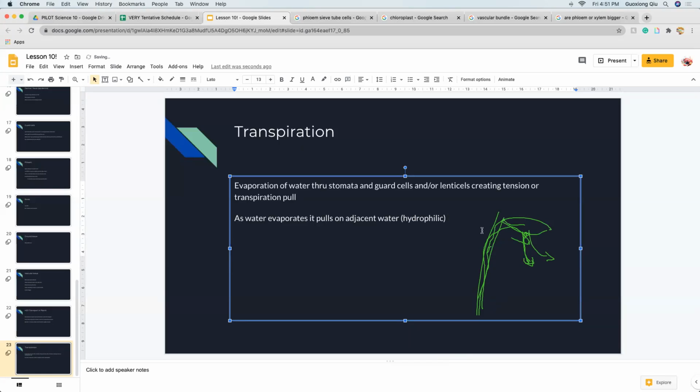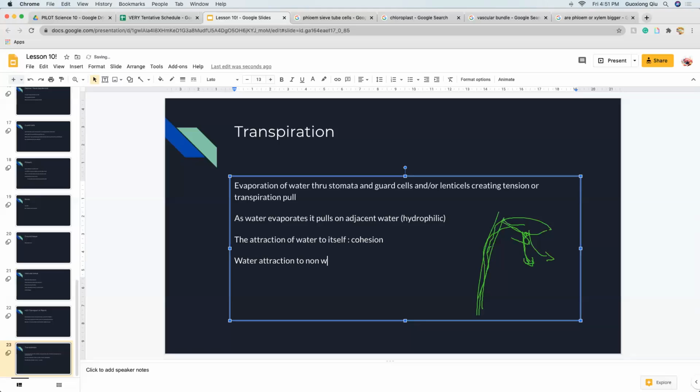So think of the water as along a chain. This attraction of water to itself is referred to as cohesion. Water also sticks to other things, to non-water.